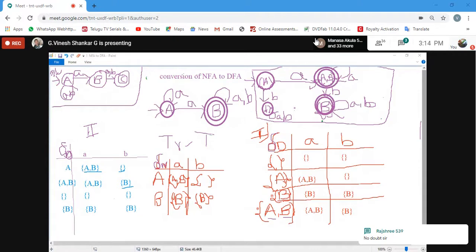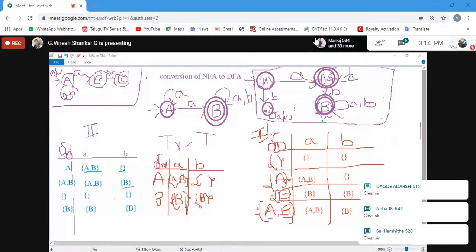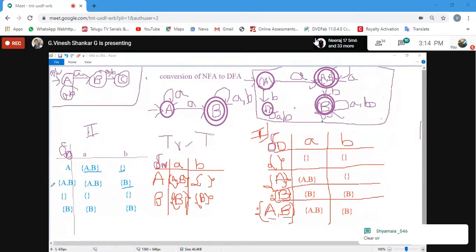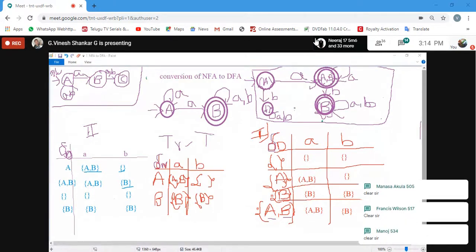Remaining people are sleeping, not replying anything. I'm asking a question. Arun, Raj, Rajesh, what about the remaining people? One by one, tell with audio. Any doubt you're having, you can ask. Sharanya?